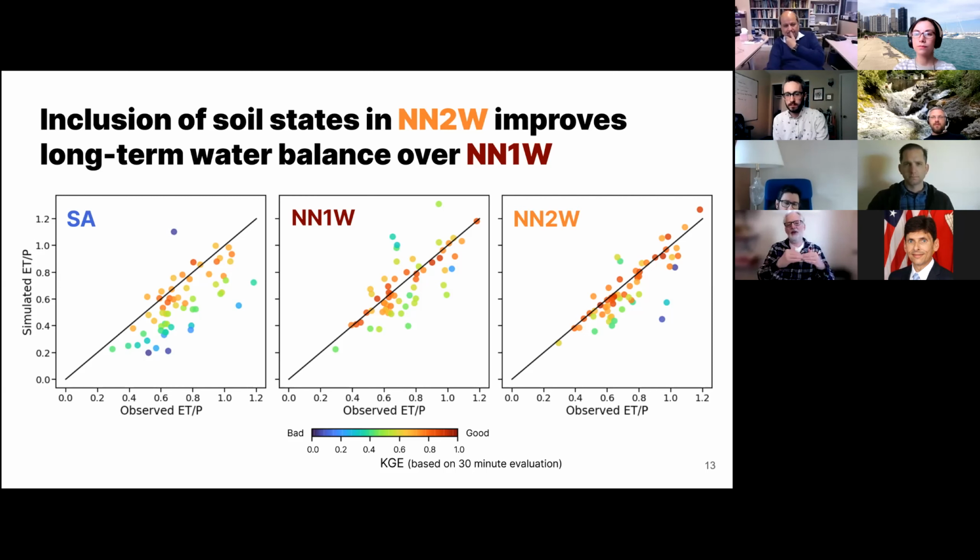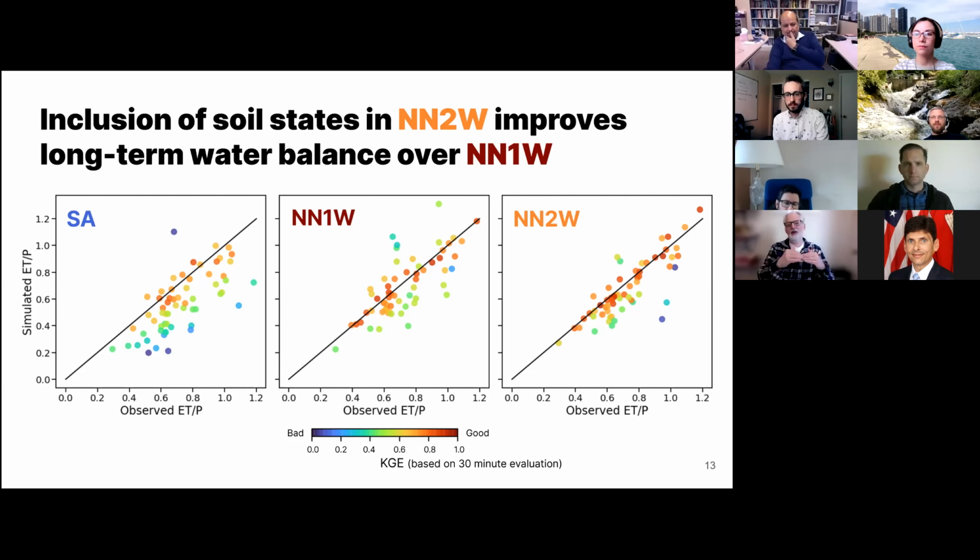You can also look at how the neural networks learn to partition the shortwave into the two latent and sensible heats, and again we see this partitioning happening. When it's very arid, the ratio tends to be low, meaning there's less relevance to shortwave just because it can't evaporate anymore. So these are some of the things that the neural network learned.